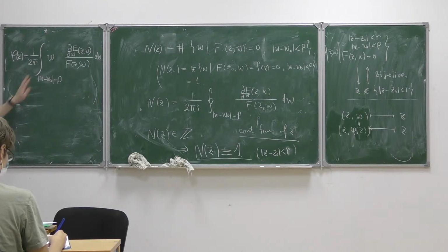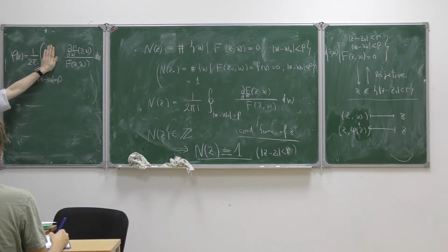So if there is no W here, it is the argument principle. This is 1.